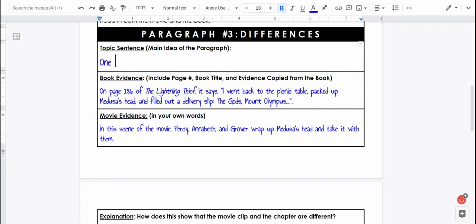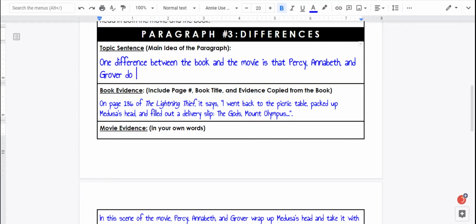So I'm going to start my topic sentence by saying one difference between the book and the movie is that Percy, Annabeth, and Grover do something different with Medusa's head, each of them.